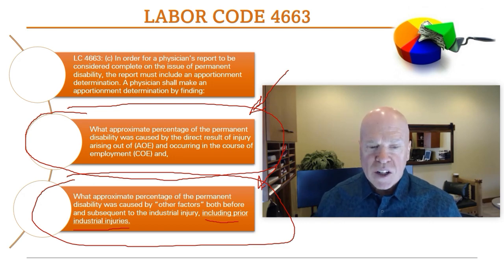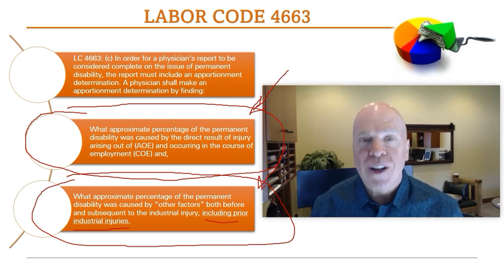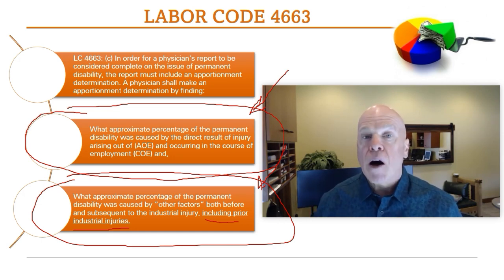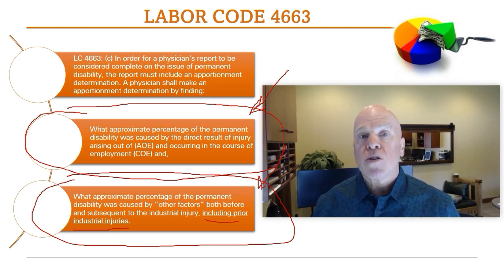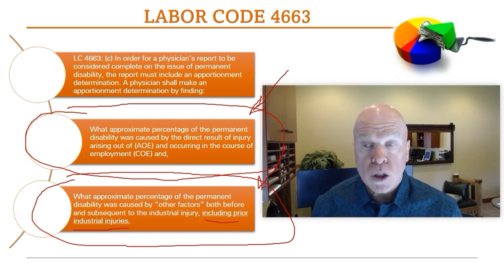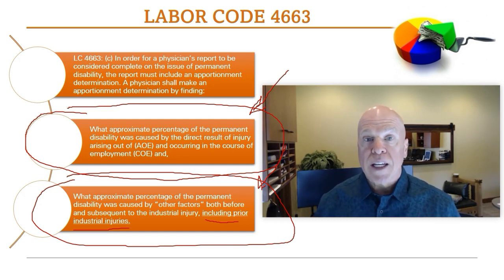This percentage is the percentage that the employee is going to have to eat, is going to have to swallow, is going to have to pay for him or herself. So these two percentages tell us the proportionate distribution of the final cost of the final disability. Okay, do you get it?